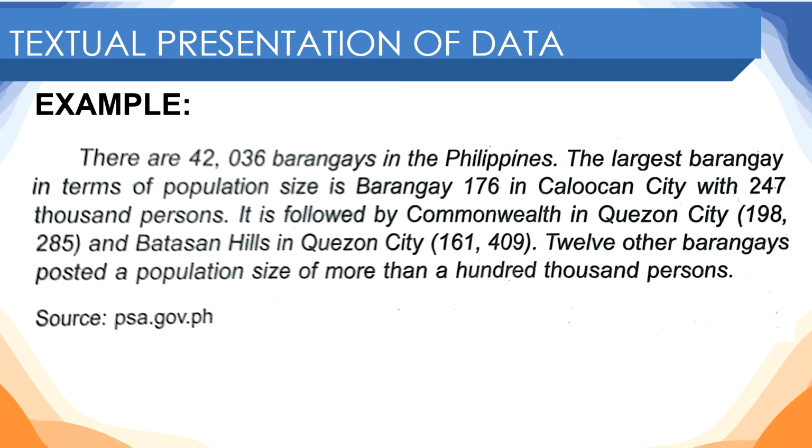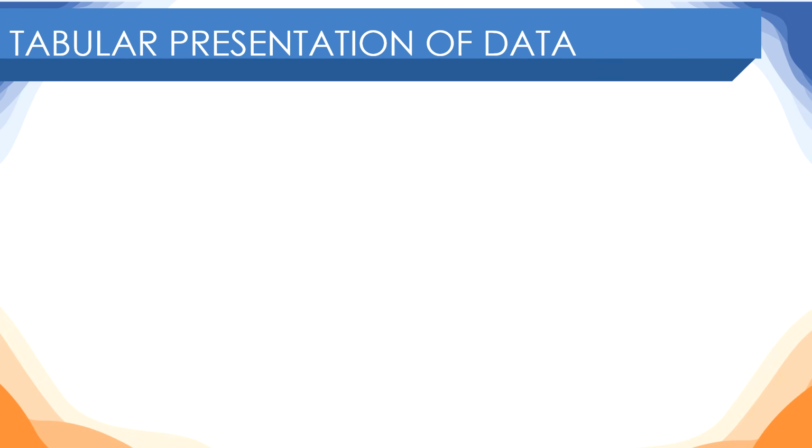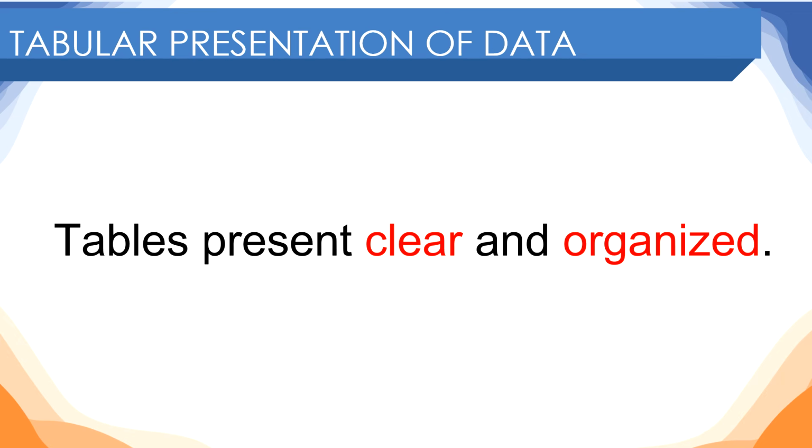Again, one more thing that you need to remember is that we aren't just reporting numbers. We need to explain what the numbers tell us. Okay, so again, the distinction between reporting and interpreting data is very important. Okay, now let us move on to the second technique, which is the tabular presentation.